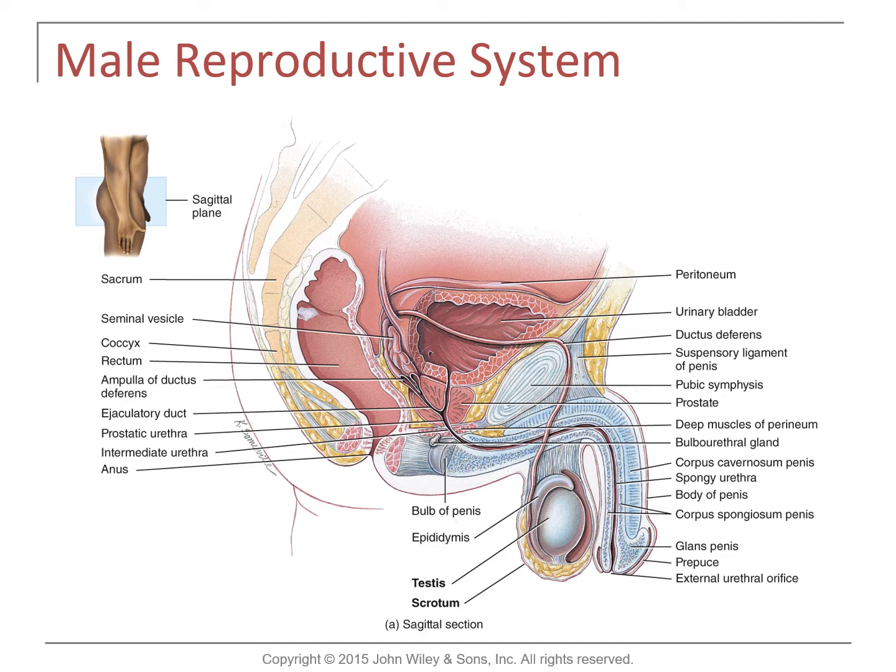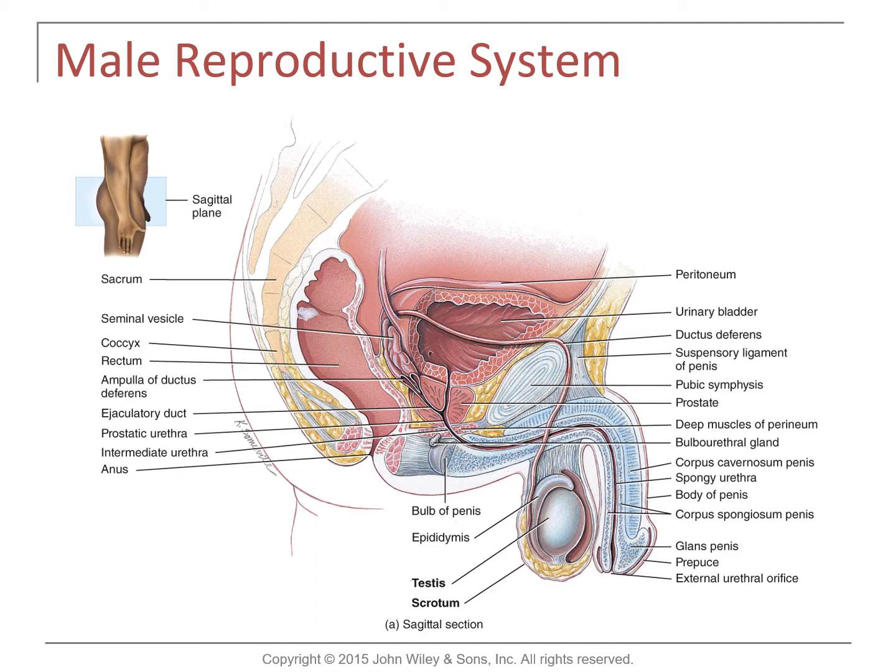The ampulla of the ductus deferens or vas deferens converges or merges with the duct from the paired seminal vesicles. The seminal vesicles are one of the glands, and they lie posterior to the bladder.